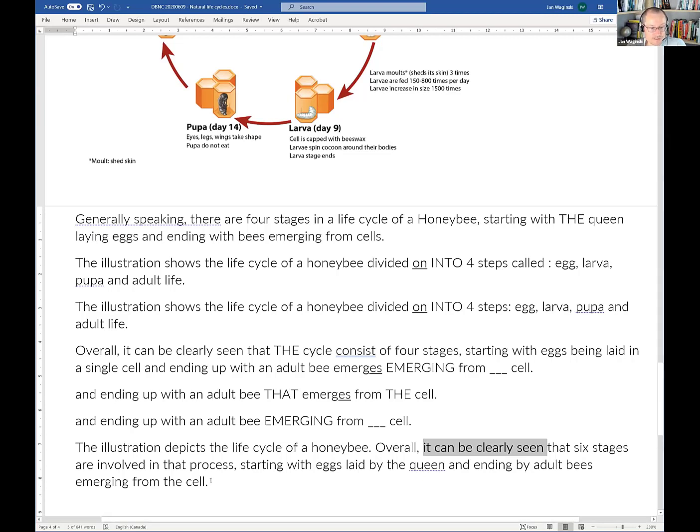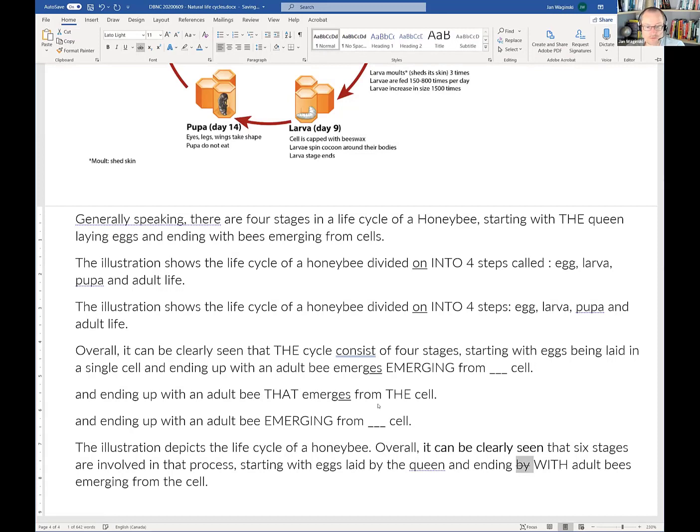6 stages are involved in that process, starting with eggs laid by the queen and ending by, a different preposition here. With? Yeah. It's usually with. By is also common, but with is more common, and if in doubt, use with.